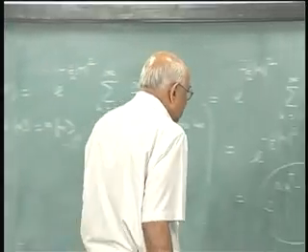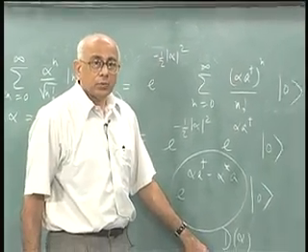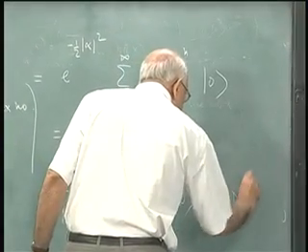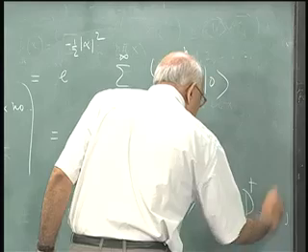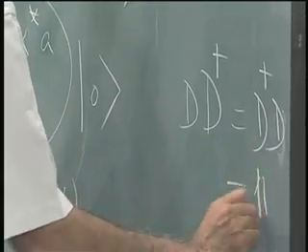Now the reason this is called a displacement operator is the following. First of all, this operator is a unitary operator. That is easy to see: D dagger D equals D D dagger equals the identity operator.